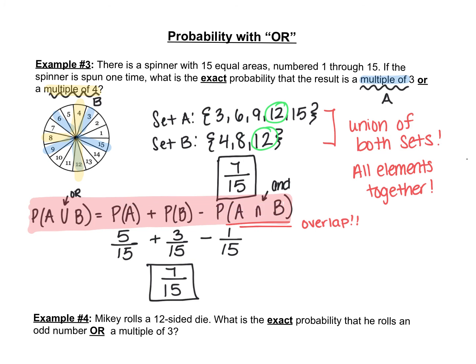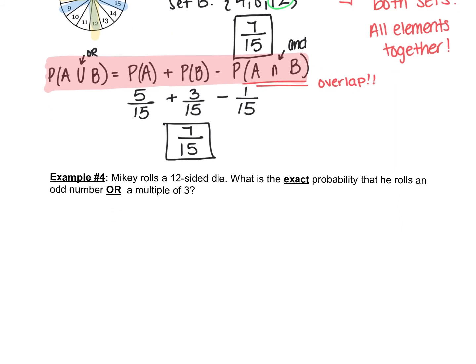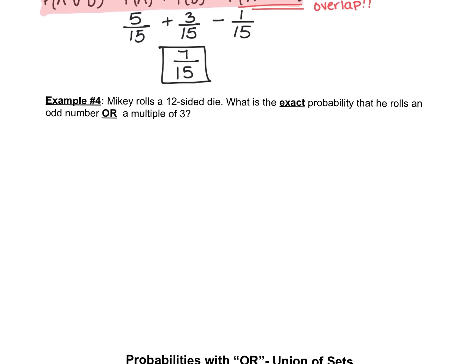All right, let's take a look at example number 4, and I'd like to do it by just using the formula. So we have Mikey rolling a 12-sided die, and again, wanting the probability that he lands on an odd number or a multiple of 3.